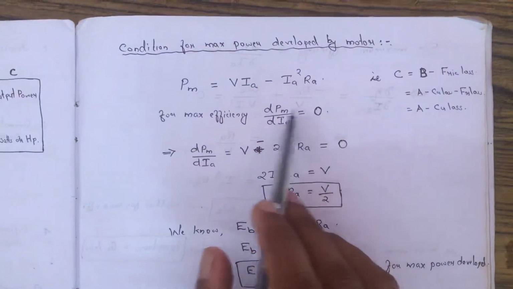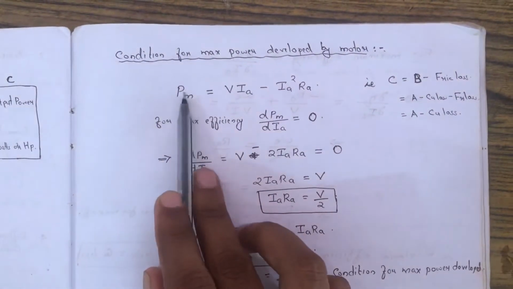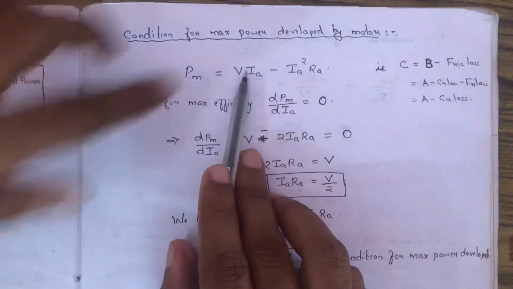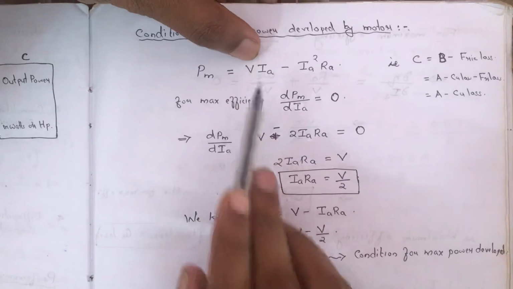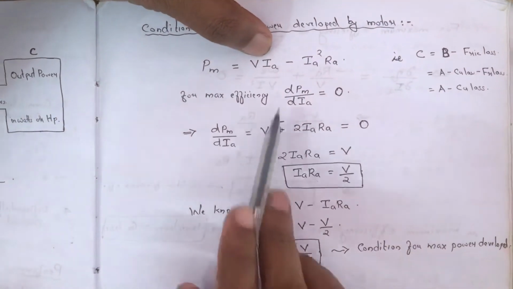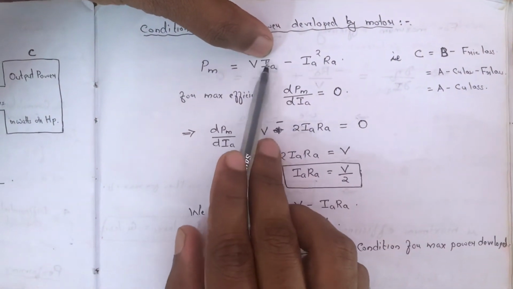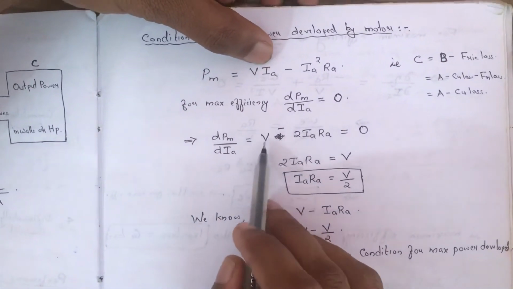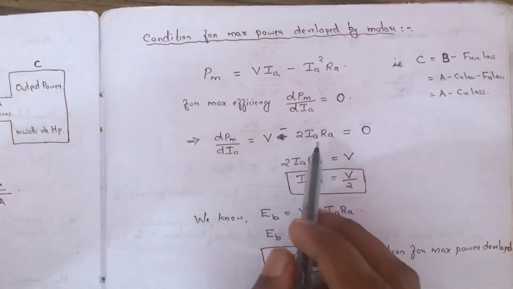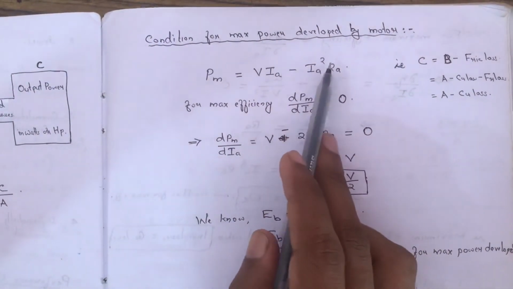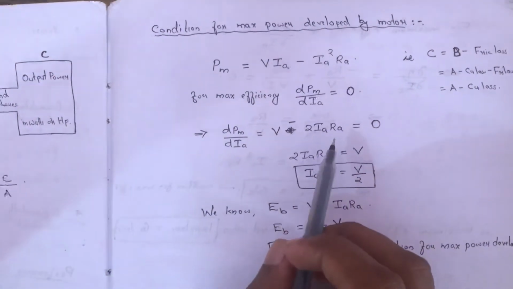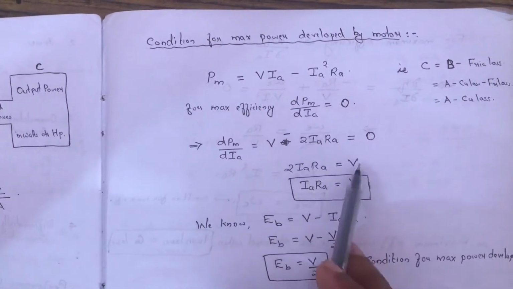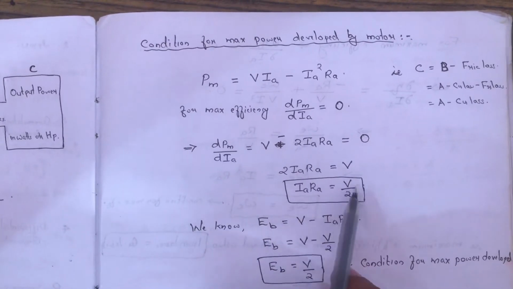Differentiating, V is a constant, so V into 1 minus the derivative of IA square RA, which is 2 IA RA, equated to 0. Therefore 2 IA RA is equal to V, so IA RA is equal to V by 2.